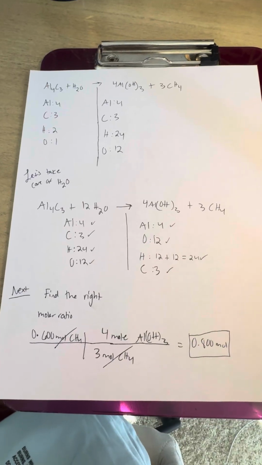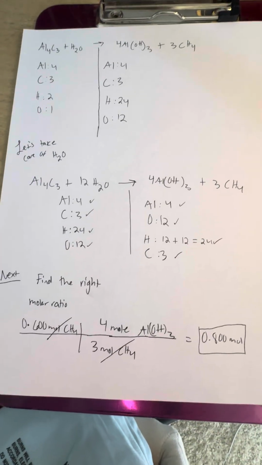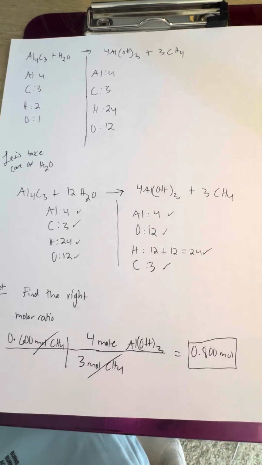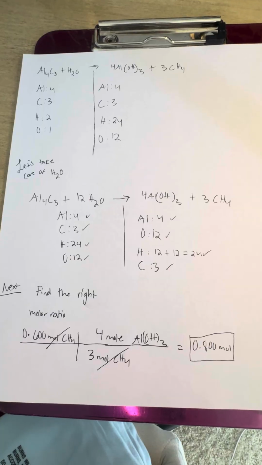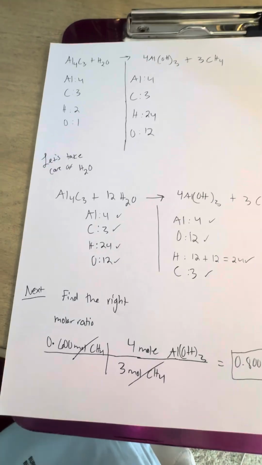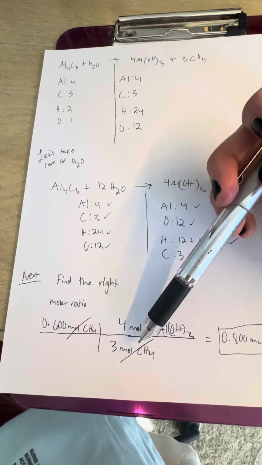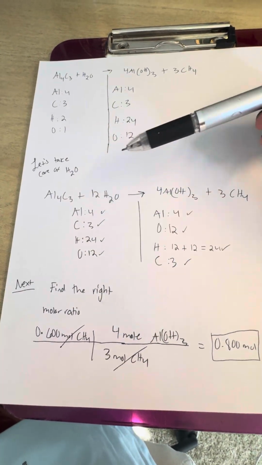determine the mole ratio that we need to answer our original problem, which was asking for how many moles of aluminum hydroxide do we yield if we start out with 0.600 moles of methane. So we have a 3 to 4 mole ratio, as we see here.